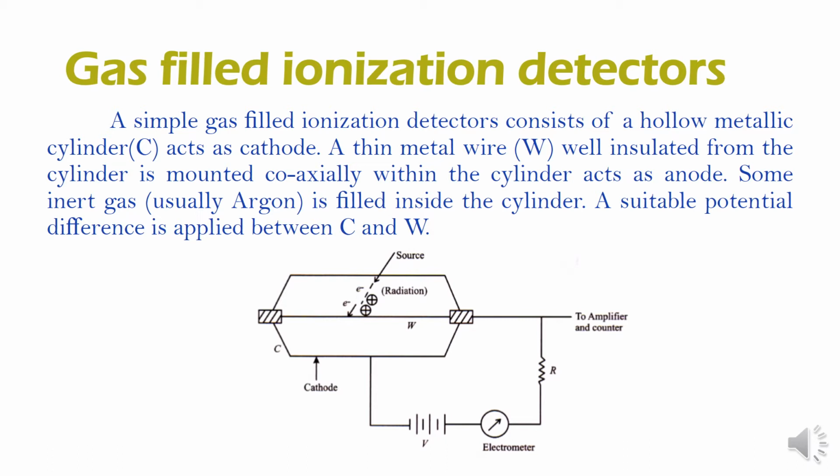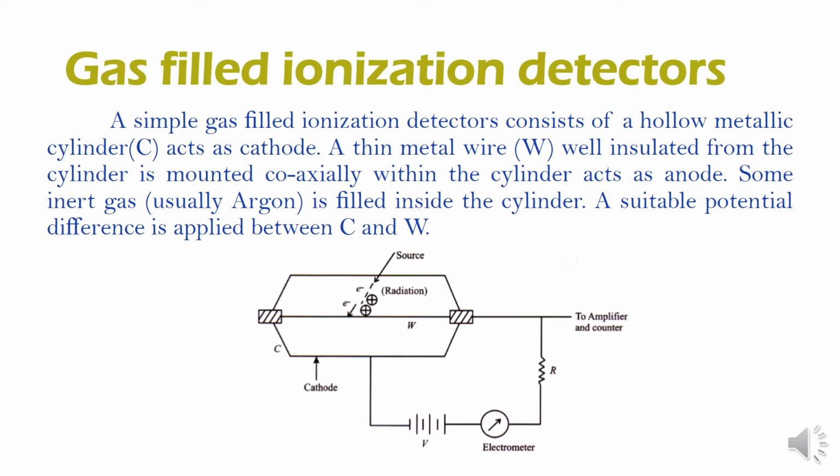That means we have well insulated the metal wire from the cylinder, and this metal wire will act as anode because the metal wire W is connected to the positive terminal of the external battery.